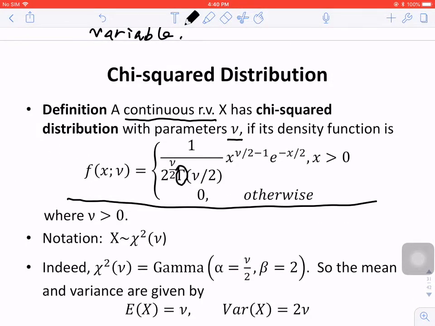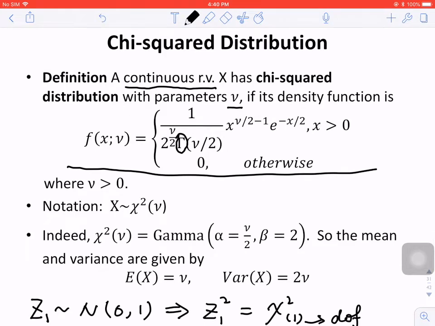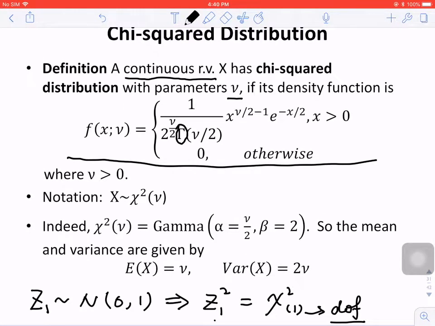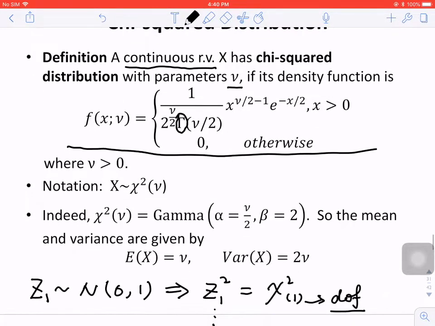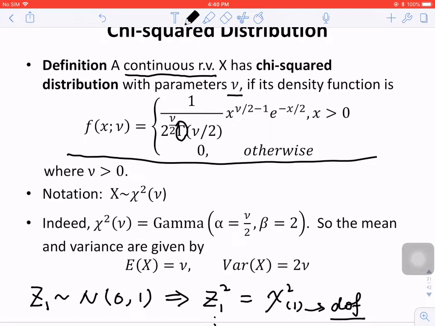Let's go back to its definition on the slides. It says the chi-square distribution is also a special case of the gamma distribution. If you recall, a gamma distribution has two parameters, alpha and beta.